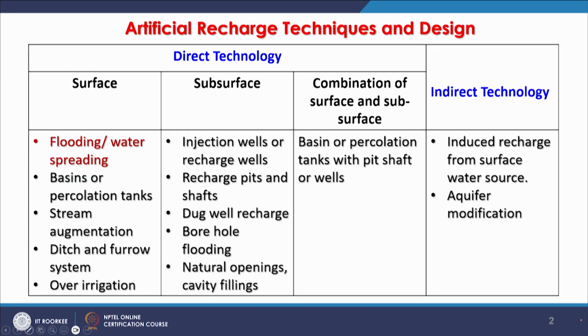We would be mainly focusing on direct technology, and mainly on the surface methods. Under direct technology there are three categories: surface, subsurface, and a combination of both surface and subsurface. Our focus in this discussion is mainly going to be surface technology for artificial recharge of groundwater.